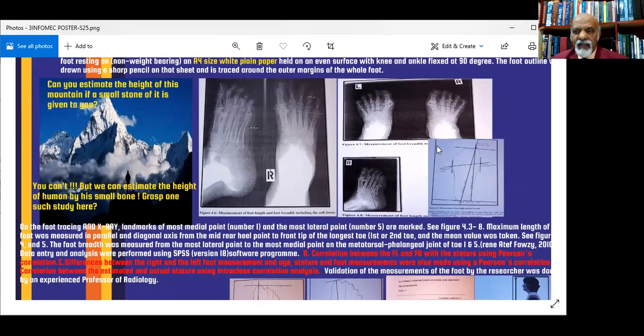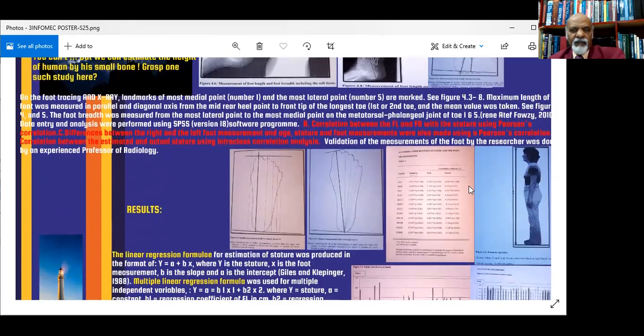And also we take the foot tracings on A4 white paper by placing their feet horizontally on the paper in a sitting position. And we trace the foot outline and toes outline with a sharp pencil in a very clear and neat manner. Both feet will be x-rayed and both feet will be traced on the paper. After that, the subject can leave and we start working on this data.